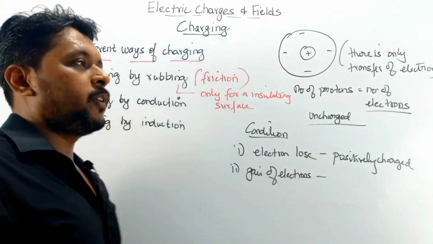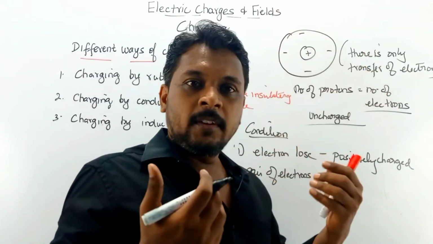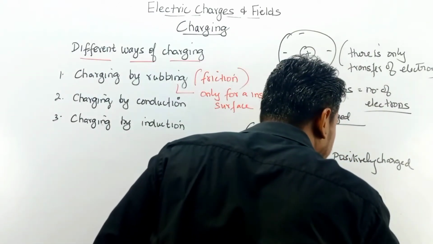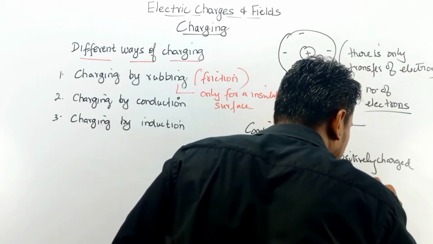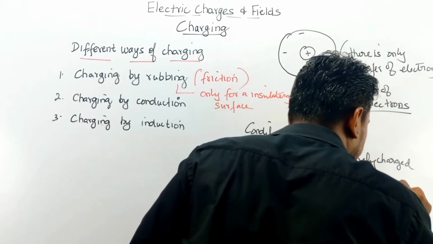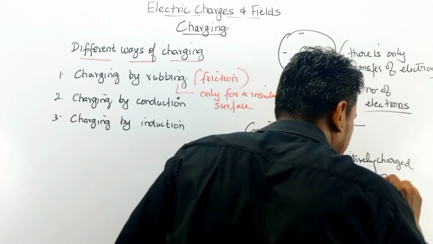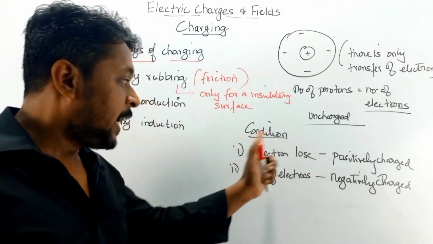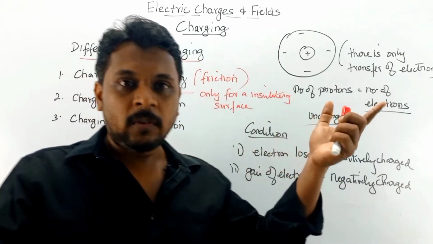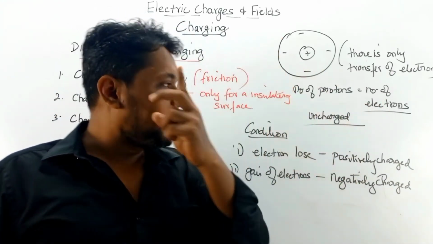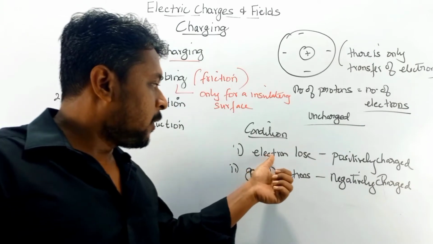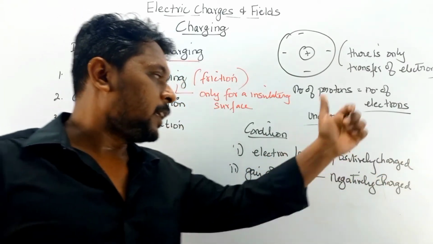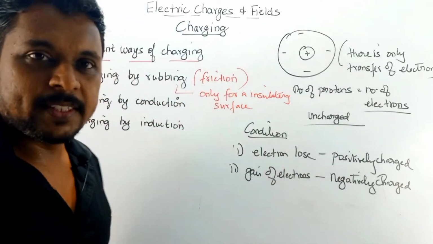When there is gain of electrons, when you get more electrons inside, because electrons are negatively charged, we say that it is negatively charged. So this charging depends only on the transfer of electrons. We are not talking about the protons inside; we are talking only about the condition of electrons. When there is loss, it is positively charged. When there is gain, it is negatively charged.